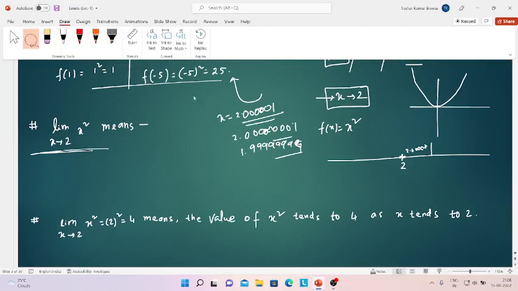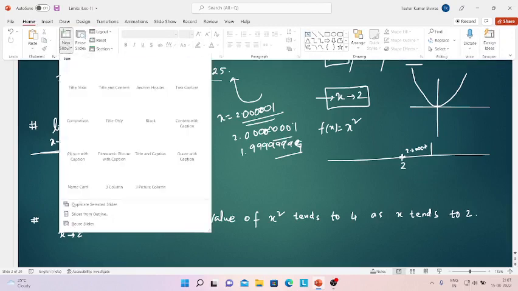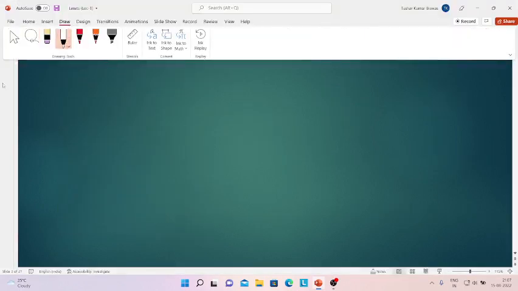Let me clear that part and take another page also. We have x tends to 2. If we draw a real line, then somewhere around there, 2.00001 will be on the right side of 2 and very close to 2.